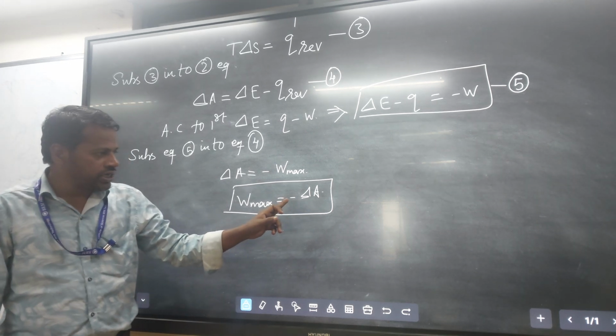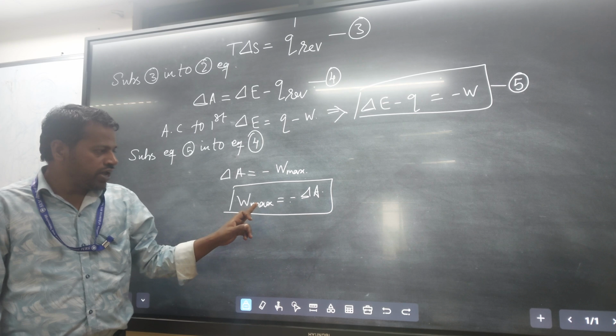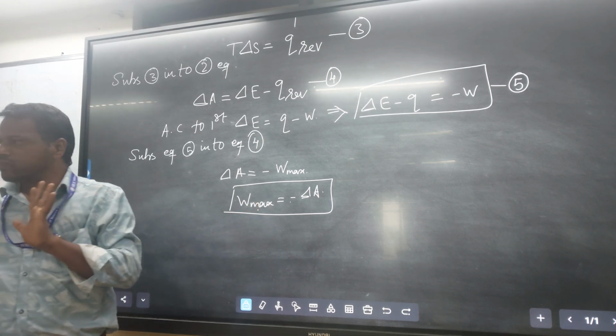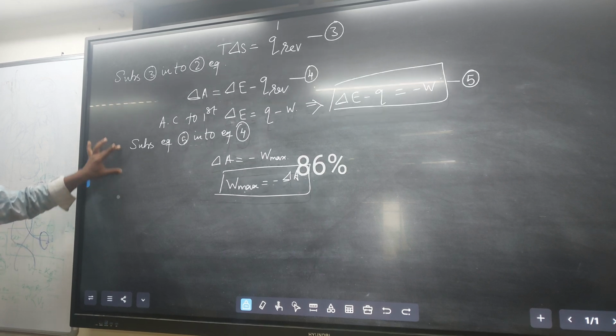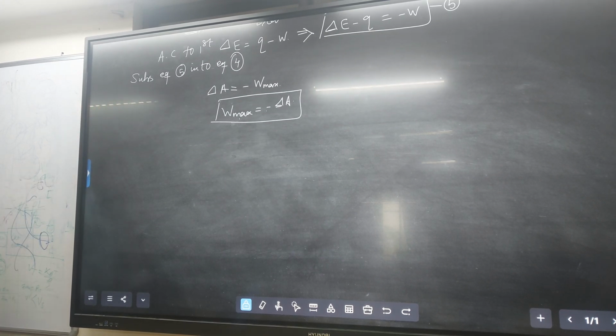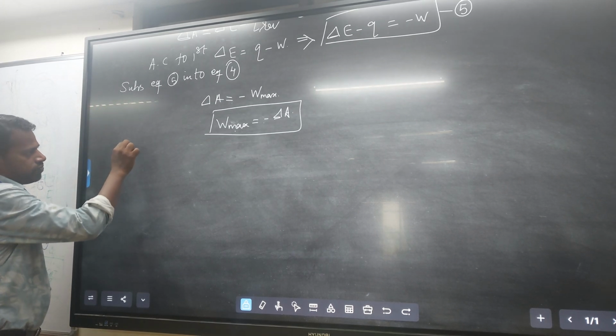Helmholtz work function decreasing, we get the maximum work from the system. That's it. Okay, right. Now we go for the Gibbs free energy.